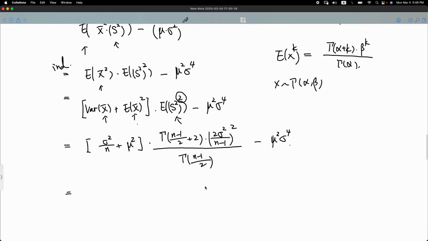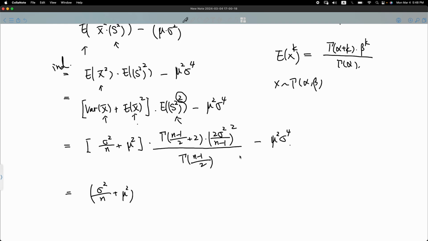Okay, so here, let me just write down the final solution, and then you can simplify that to check whether you have the same answer. So this should be sigma squared over n plus mu squared. Maybe let me elaborate a little bit.